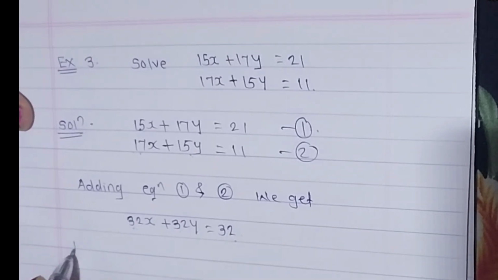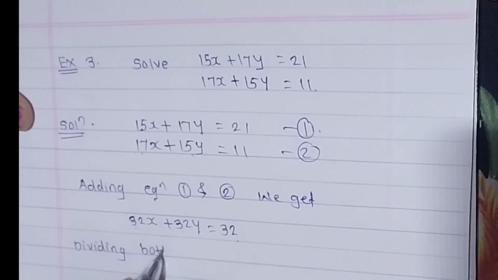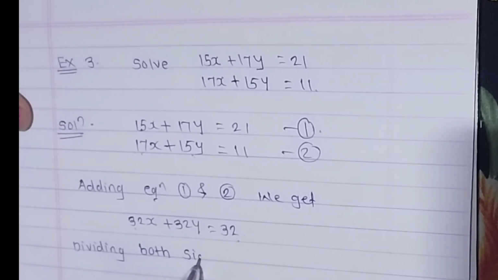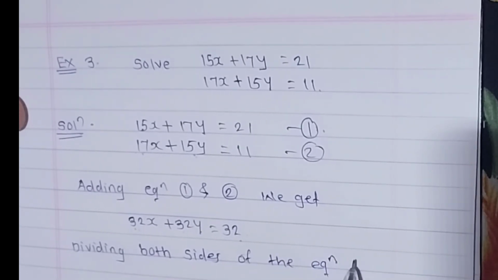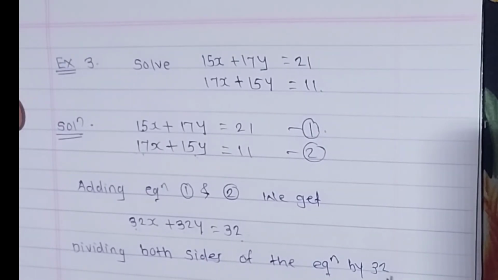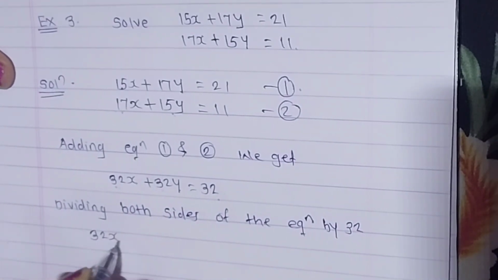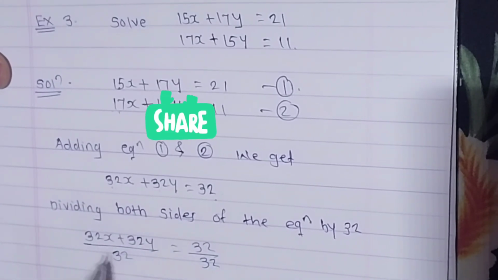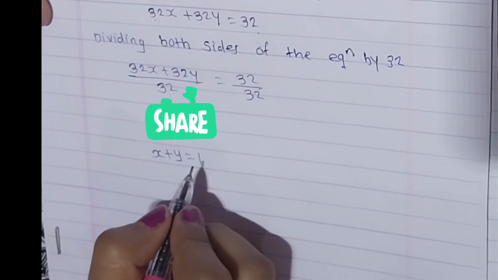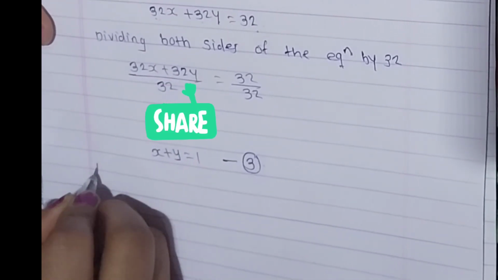So here all the coefficients are equal, so we divide both sides of the equation by 32. So we get the equation x plus y is equal to 1, and give number 3 to this equation.